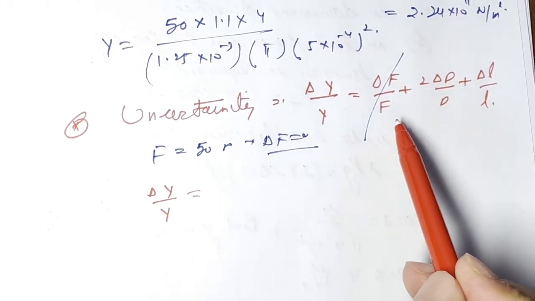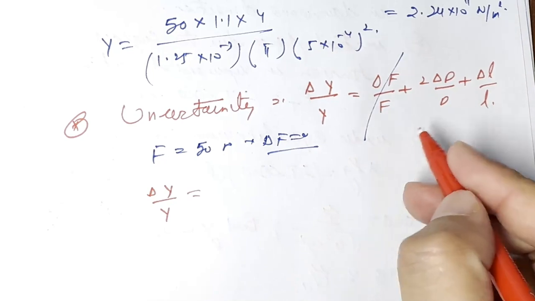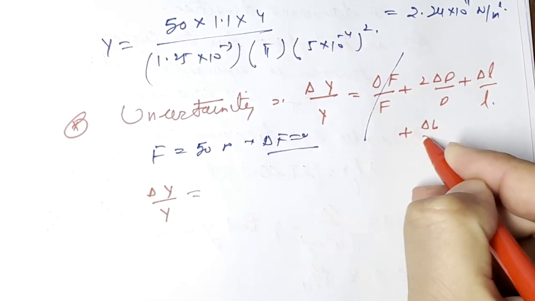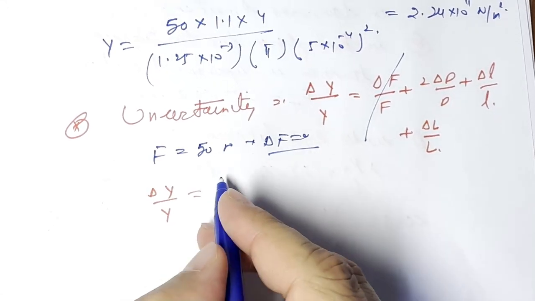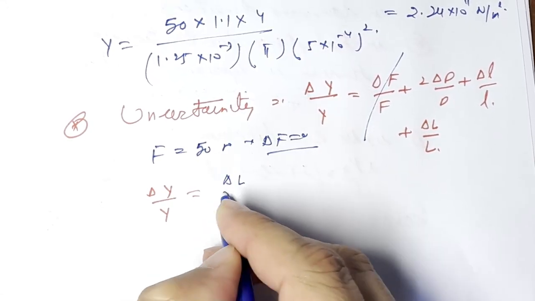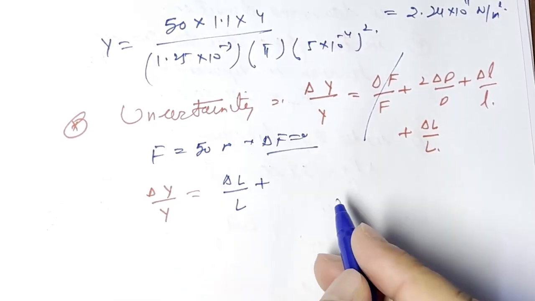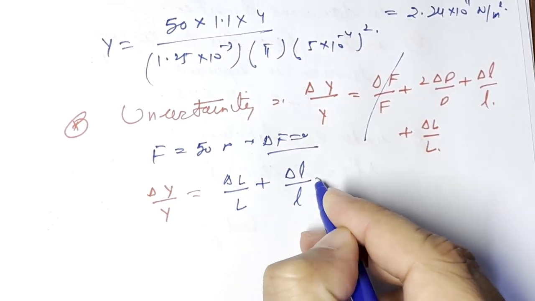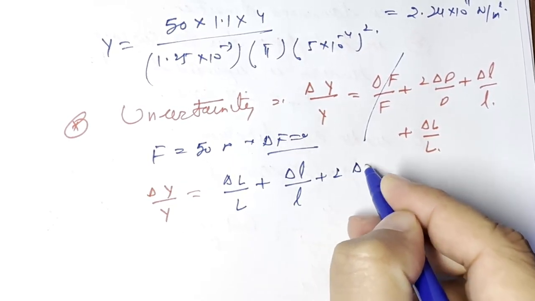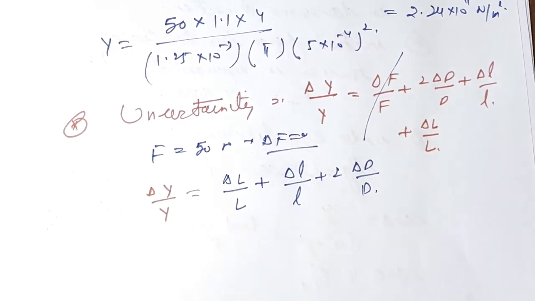I missed one, capital L, so this will be plus delta L divided by capital L. Therefore we can write this as delta capital L upon capital L plus extension error divided by original extension plus twice delta diameter divided by diameter.